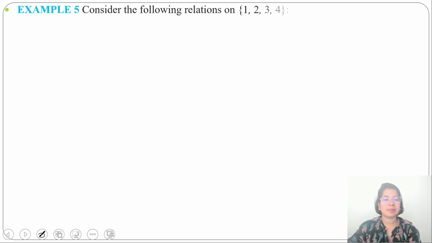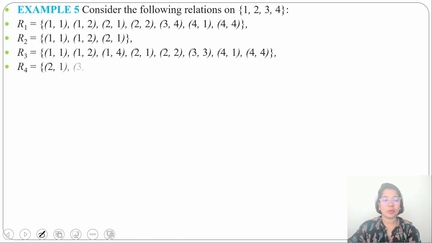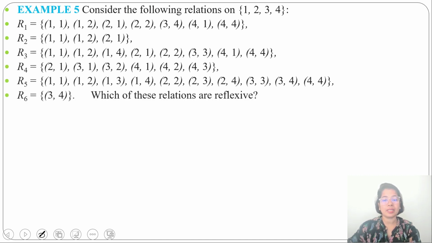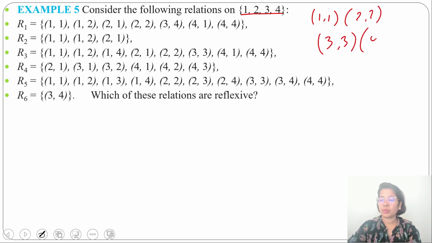Let's see some examples of reflexive relations. Example 5. Consider the following relations on {1, 2, 3, 4}. Some relations are given and we need to find which one is reflexive. Now what will be the diagonal relation on this? It will be (1,1), then (2,2), then (3,3), then (4,4). And the minimum reflexive relation is this: (1,1), (2,2), (3,3), (4,4).